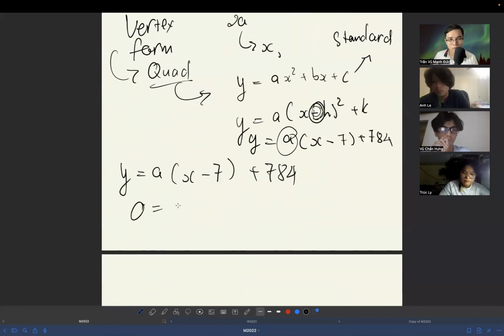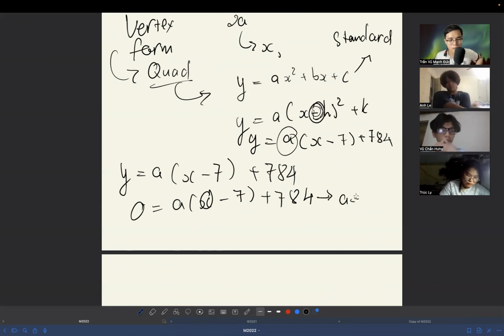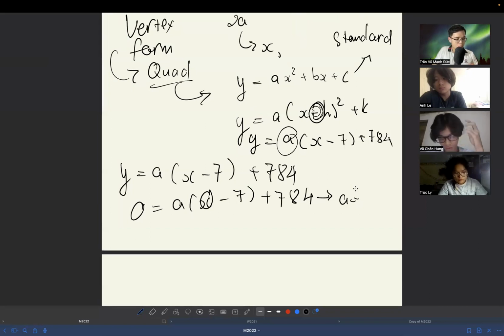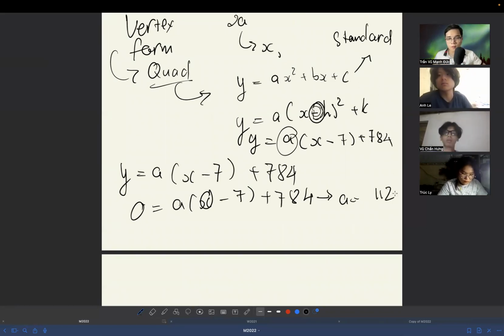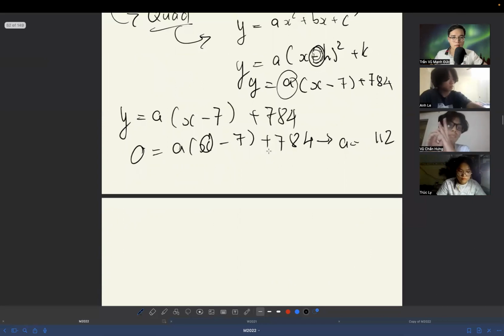You have 0 equals a times 0 minus 7 plus 784. And you have a is 112. And you just plug them in.